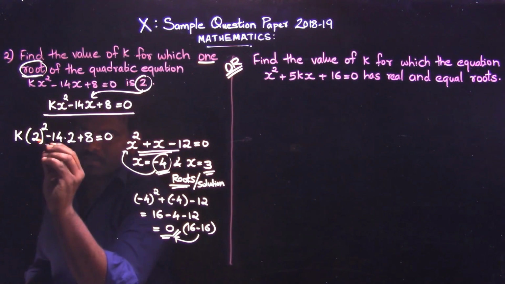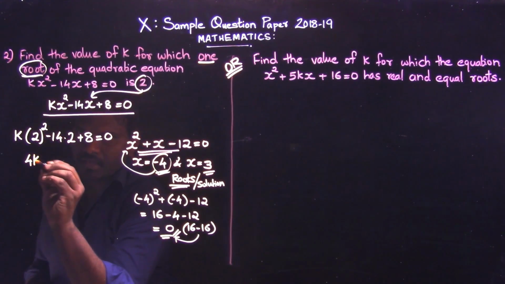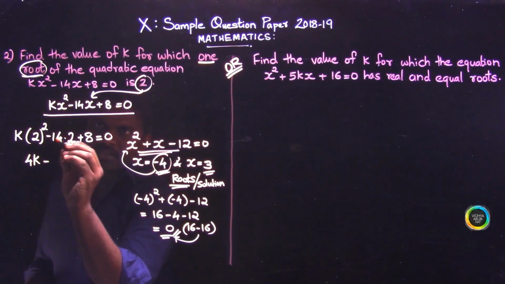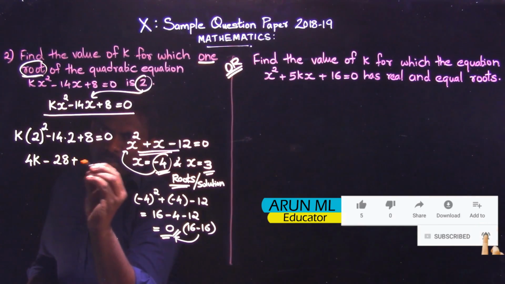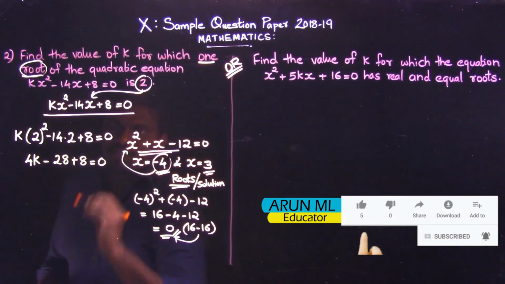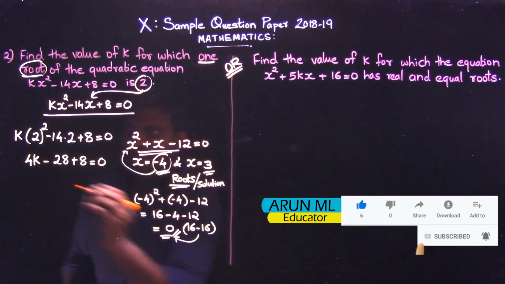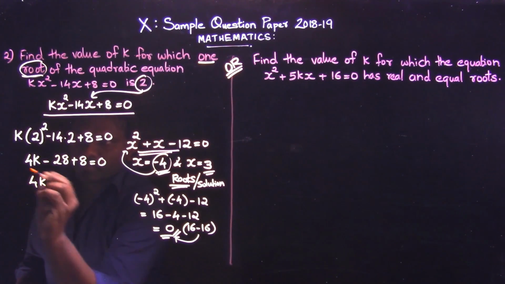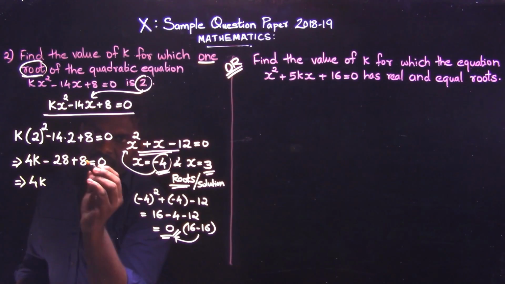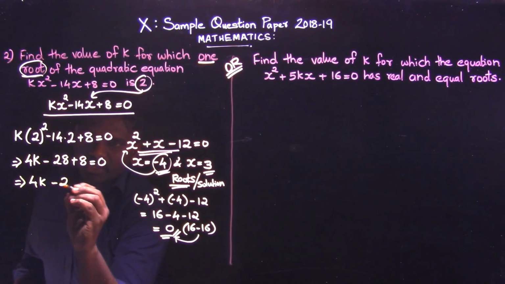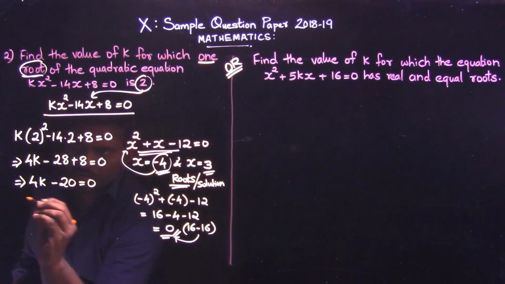K, 2 square is 4k, minus 14 into 2 is going to be 28, plus 8 is equal to 0. Which gives me 4k, minus 28 and 8 is going to be minus 20, is equal to 0.